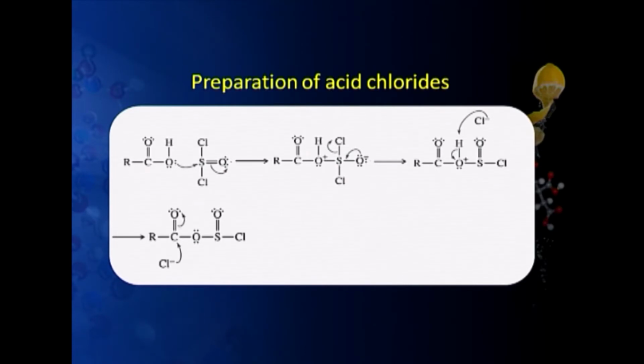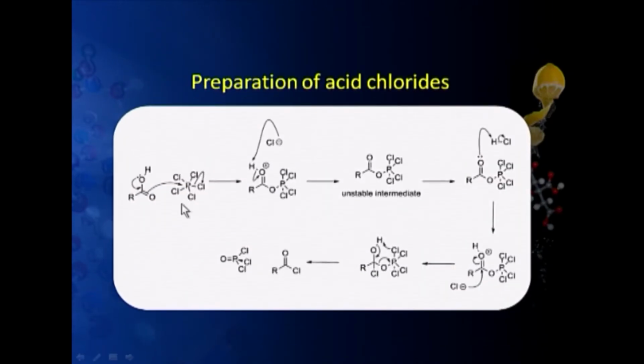So, chloride attacks here and this pair of electrons shifts to this oxygen, and when this pair of electrons comes back, then the CO bond breaks, and this is lost as sulfur dioxide. If this Cl was the same which was attacking here, then this Cl won't be there, and what we get is R C double bond O Cl and then sulfur dioxide, and if it is this Cl minus or the HCl we already obtained, any of the two steps can go from here onwards.